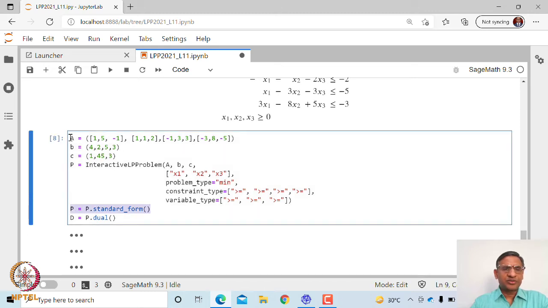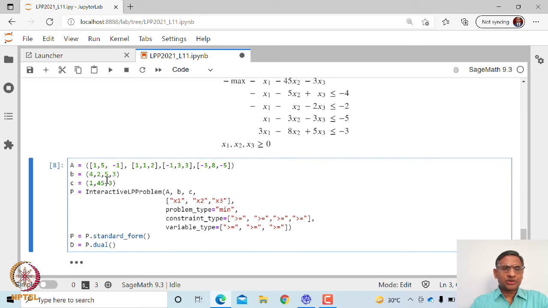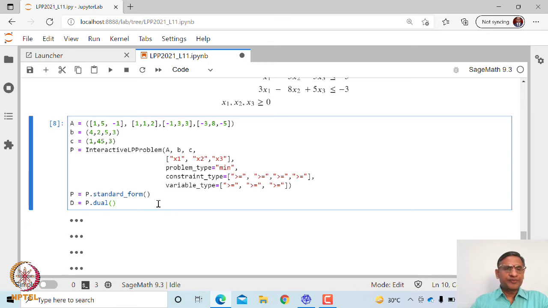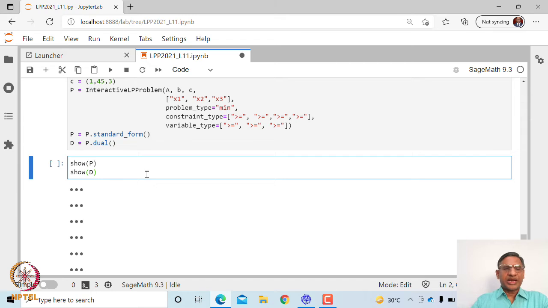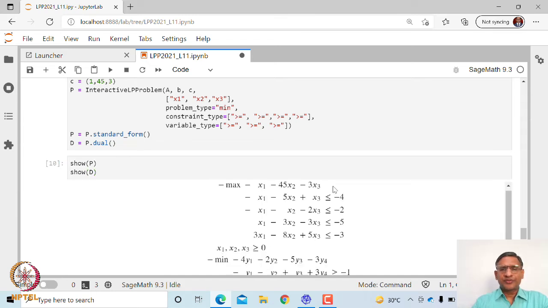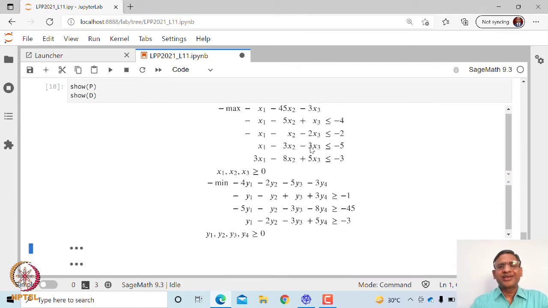So we have defined the coefficient matrix A, the right hand side B, the cost coefficients C, and then write its dual in D, and then let us ask it to show the primal and the dual. So this is the primal and this is the dual. Again, you can compare the design variables and the constraints in the primal and dual.